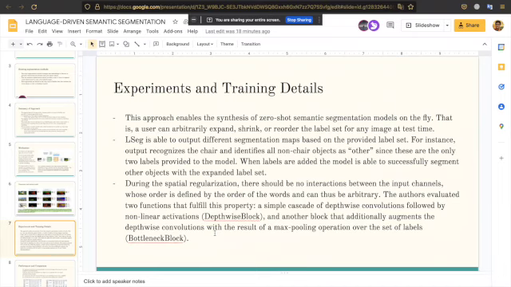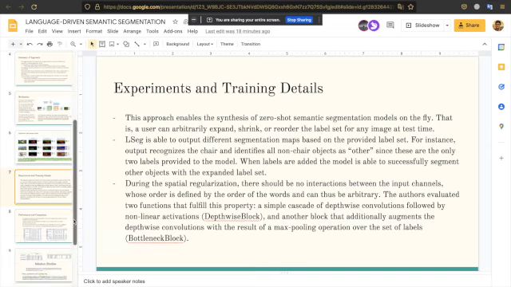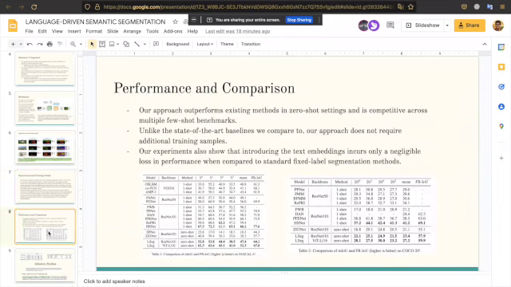You're giving your model access to the test data before final prediction, which does not work. And obviously this was fixed by using two functions, one of which was the nonlinear activation depth-wise block, and the other a max pooling operation using the bottleneck block. Now we talk about the performance and the comparison with other models.